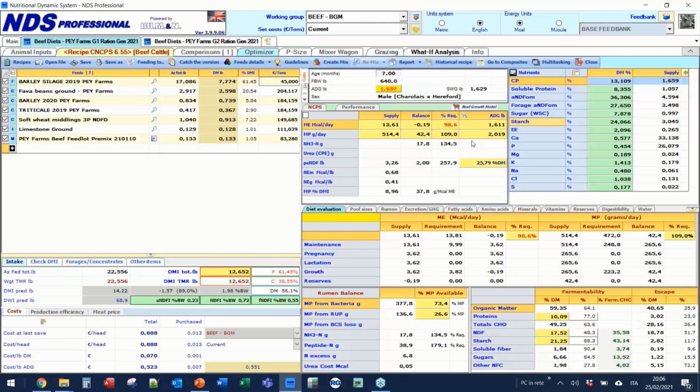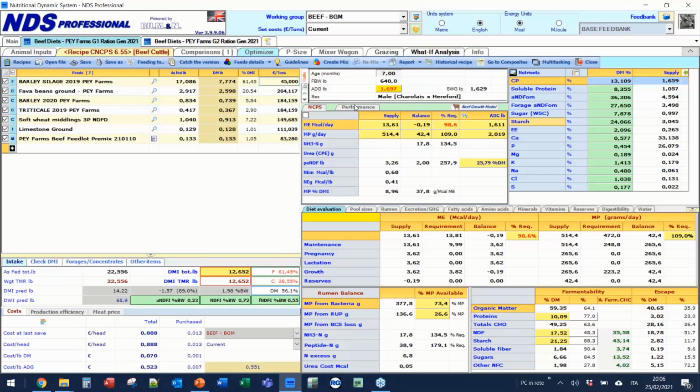We also added some additional evaluations that are only included in our platform, in order to give the user an additional option to evaluate their diet. And we called this the beef growth model.